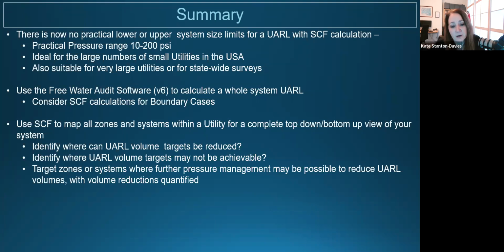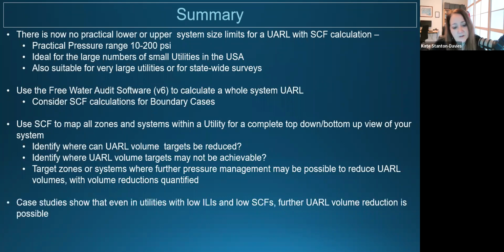If you think back to earlier in the presentation where we were looking at some scenarios, you can see if you drop the pressure by, say, 5 PSI, or might be 5 metres, how much volume reduction you could quantify from that activity.